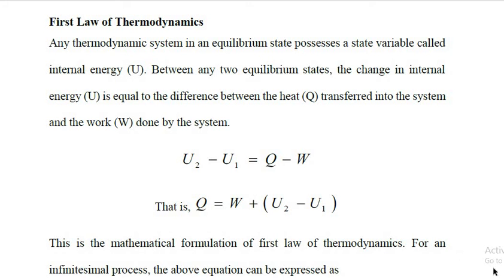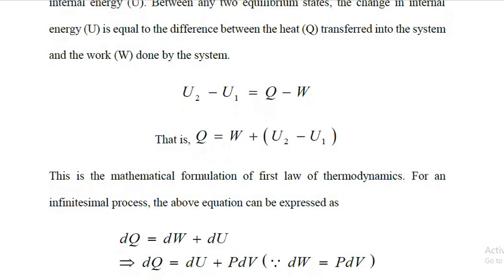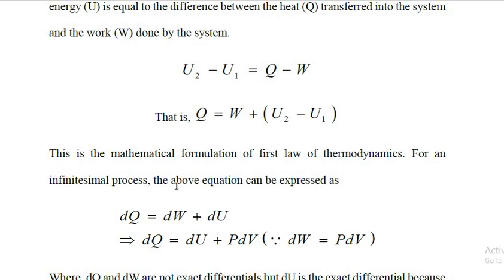For an infinitesimal process, the above equation can be expressed as... what is the meaning of infinitesimal? That is a very small change in the process. Then the above equation can be expressed as dQ is equal to dW plus dU, but dW is equal to P dV.